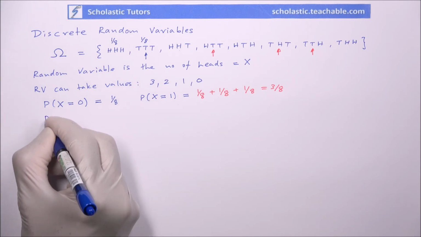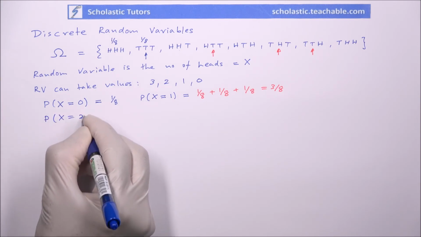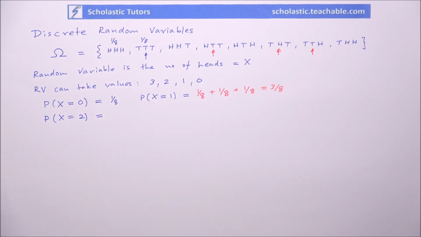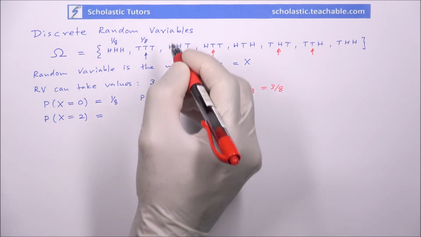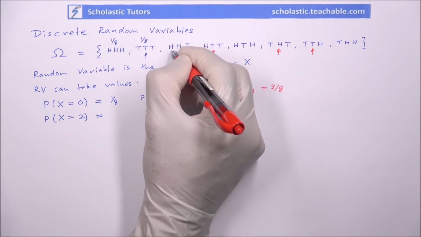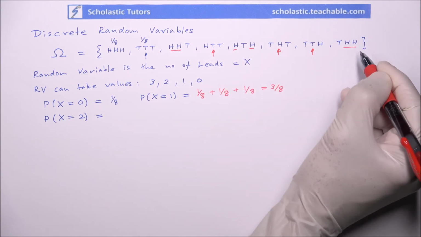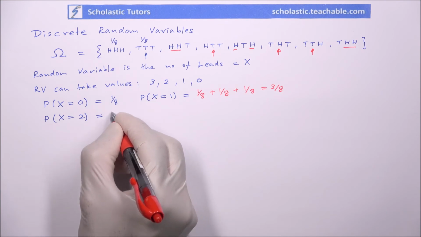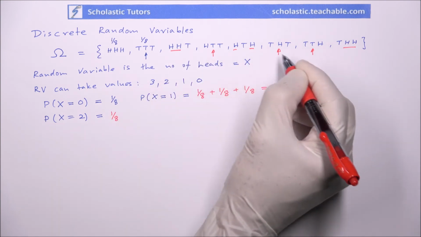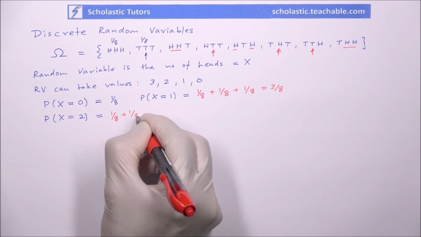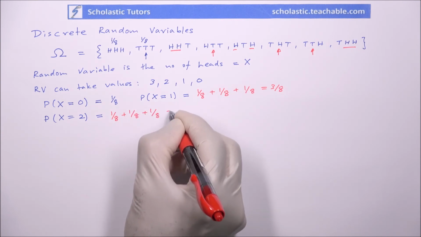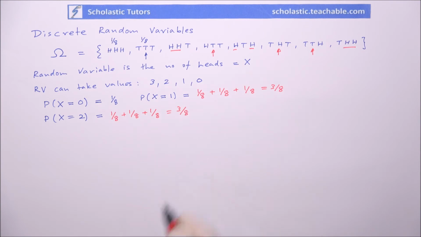Let's try the third one, random variable x equal to 2. That means how many heads? 2 heads is here, 2 heads is here, and 2 heads here. So there are again 3 possibilities: 1 over 8, 1 over 8, and 1 over 8. Again, 3 by 8 is the probability of the random variable taking value 2.